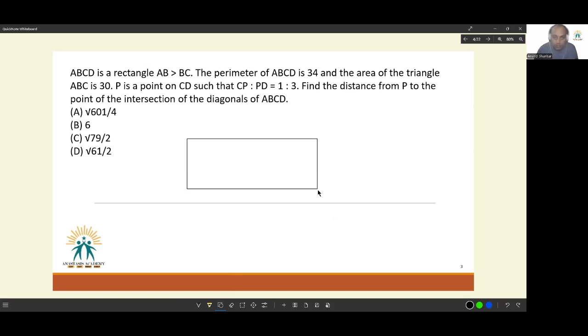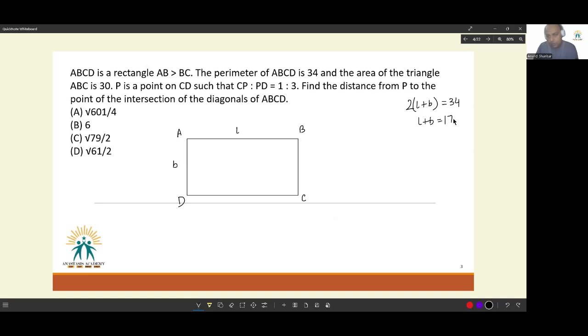Okay. A, B, C, and D. The perimeter of ABCD is 34. So can I say, let this be L, let this be B. So 2 times of L plus B is equal to 34, or L plus B is equal to 17.